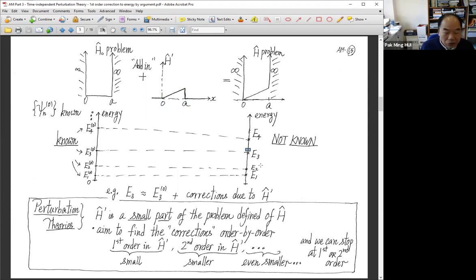Then I may need to do second order in H prime to get closer to the actual value. So this is first order, second order perturbation theory. That is what it means. So this is our goal, to take the value from the known problem to the unknown problem. Similarly for the wave function.